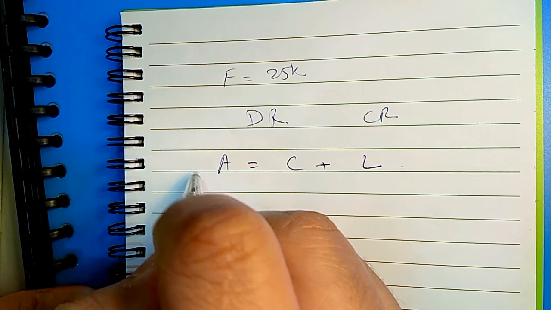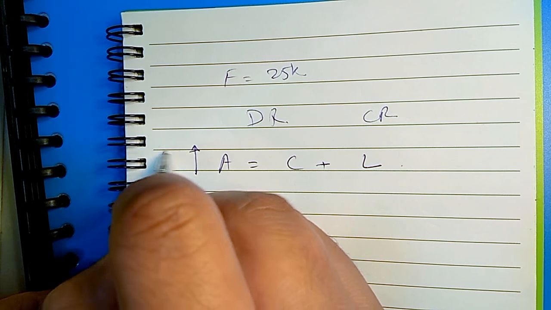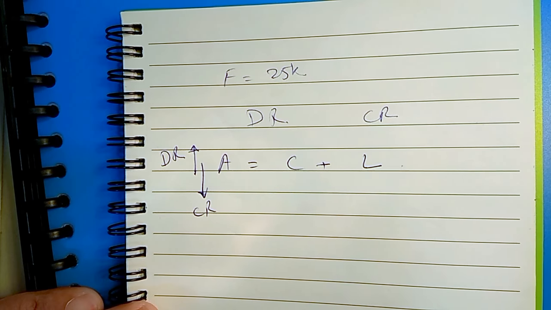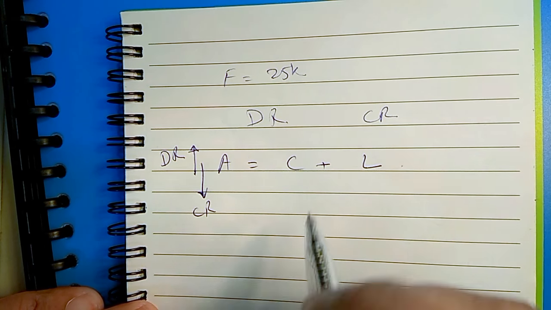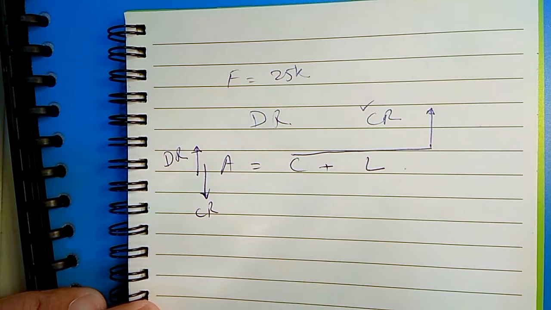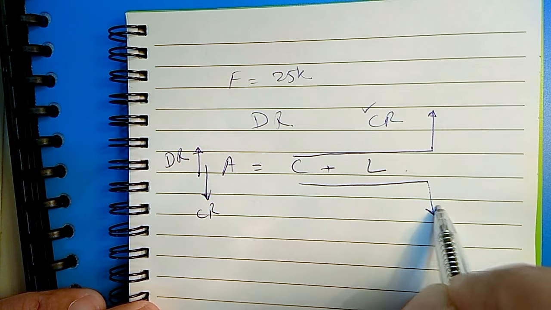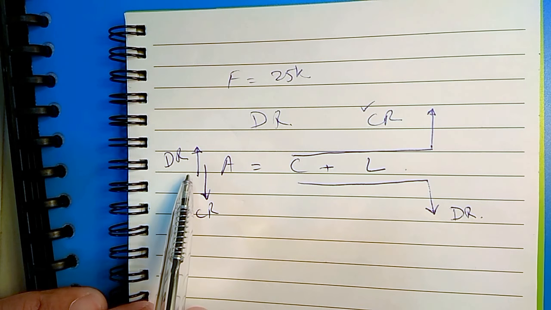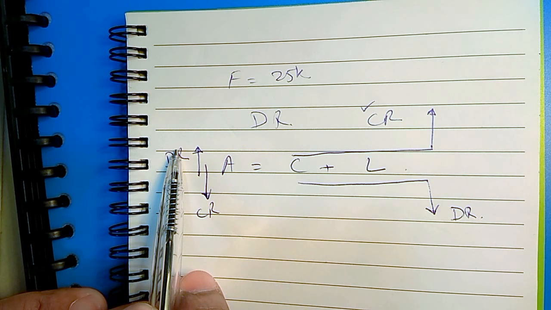Okay, so if assets go up, that's always a debit, and if assets go down, that's always a credit. On the other hand, capital and liability going up is a credit, capital and liability going down is a debit. So if you only remember one of it, assets going up is a debit.